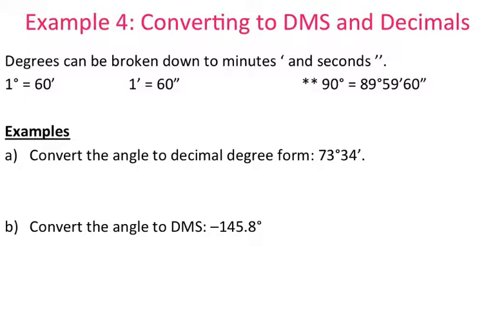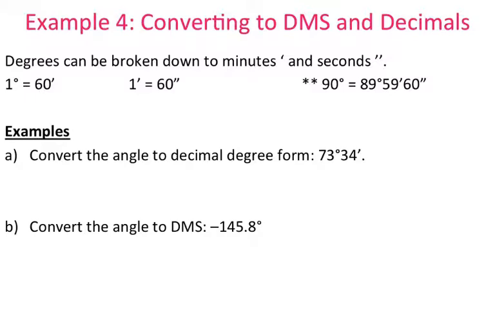The next thing we're looking at is converting from decimal degrees to a unit called degrees, minutes, and seconds. That's what the DMS stands for. Degrees, minutes, and seconds is just another way to break down the decimal of a degree. It is used a lot in nautical work and geographic coordinates, which is why we do it.